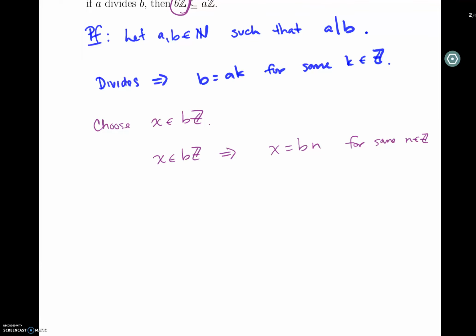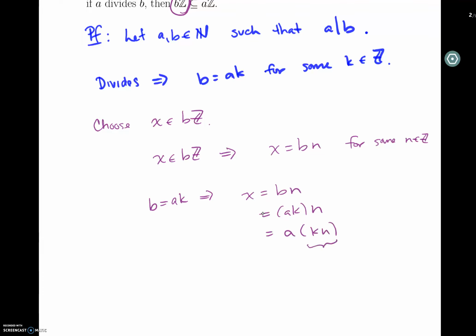We also know that b is equal to ak. Thus, we can say that x is equal to bn, but that means that we can rewrite this as akn.